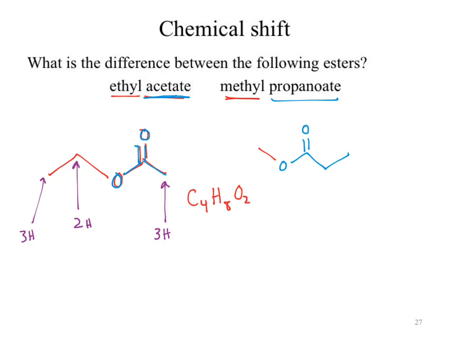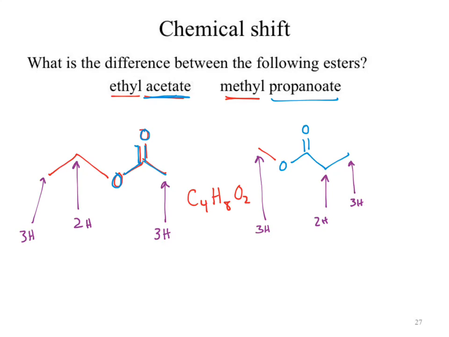Let's do that same logic with the second problem. Anybody coming up with a potential problem? What's the difference between these 2 structures based on the integration? It's just the oxygen placement. Just the oxygen placement, but HNMR doesn't tell you that right away, sort of.